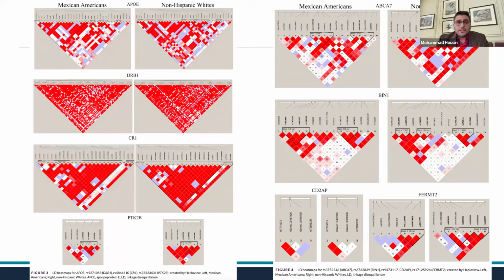So the more red color is a higher linkage disequilibrium, indicating that these genes and their neighbors are inherited in blocks together at a higher frequency. And as you can see, the linkage disequilibrium values between non-Hispanic whites and Mexican Americans for these genes are quite different, indicating that there are genetic architectural differences between the two groups.